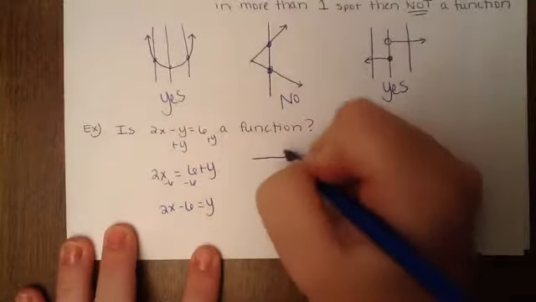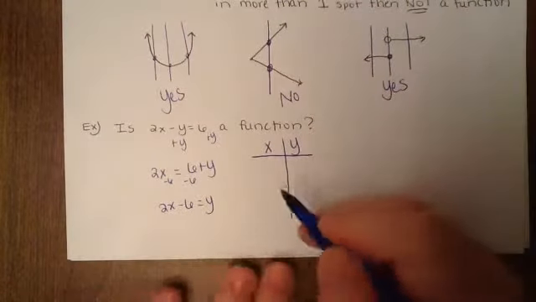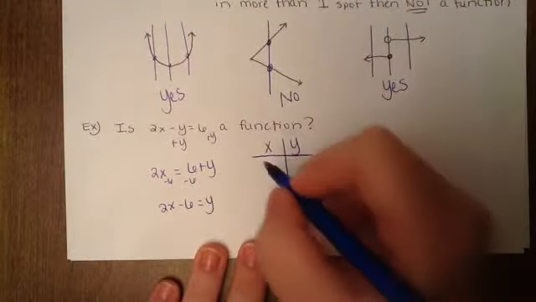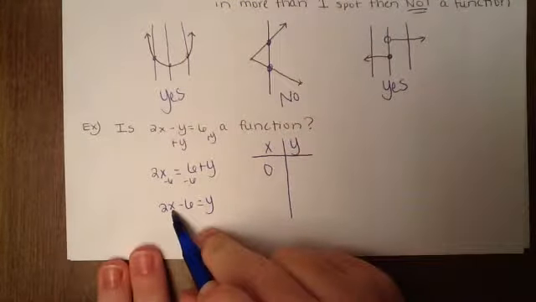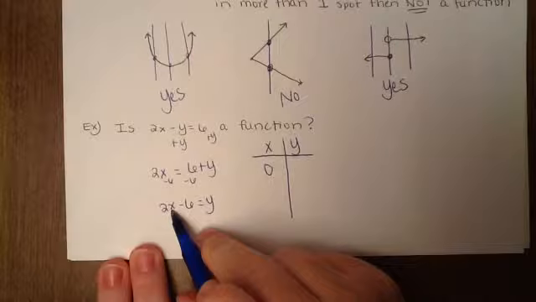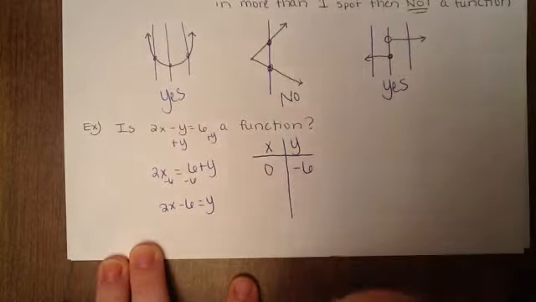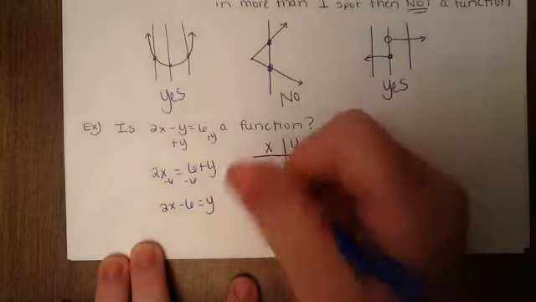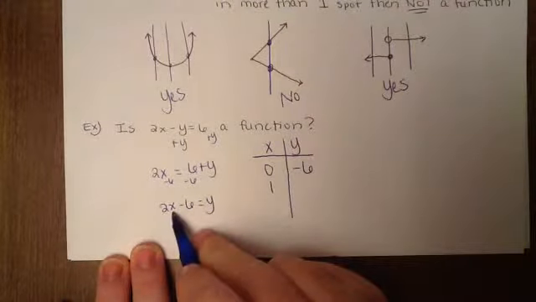So I'm going to make a table. And let's pick some values for x. So 0, plug in 0. 2 times 0 minus 6 is -6. How about 1? 2 times 1 is 2.